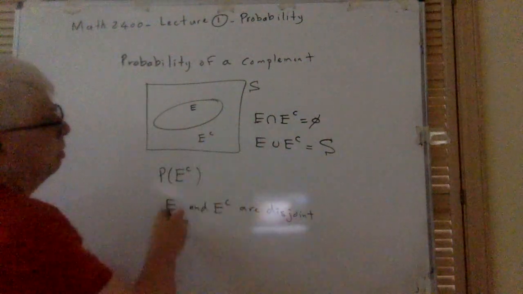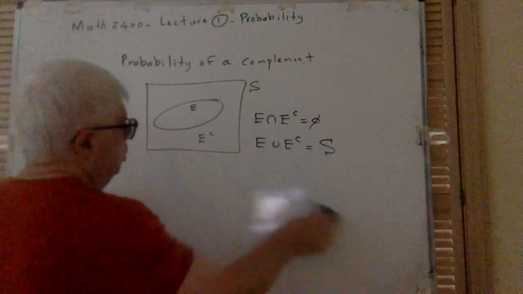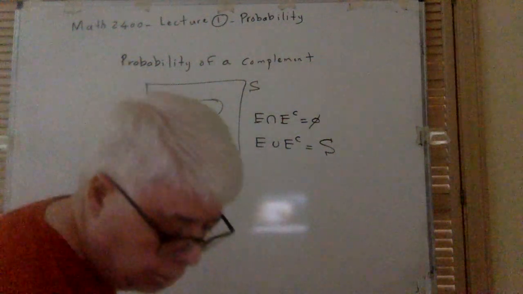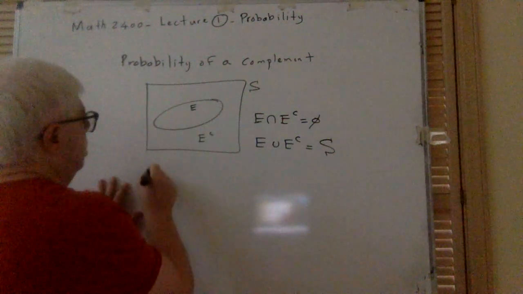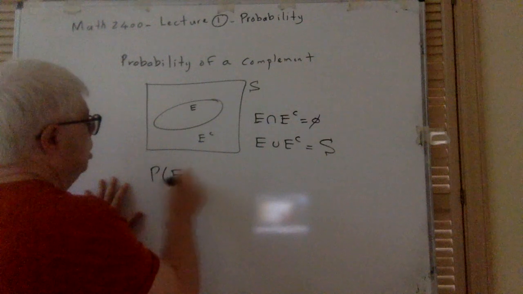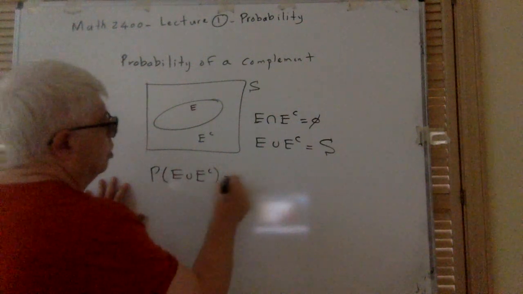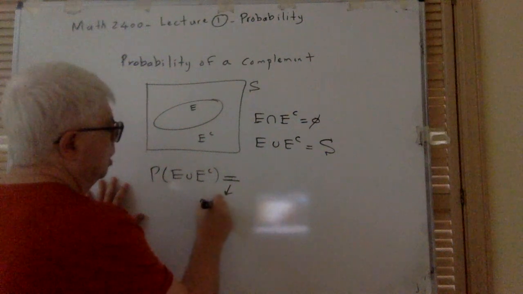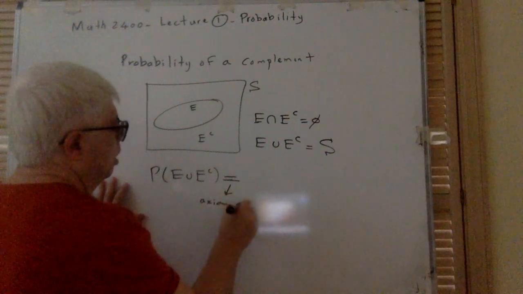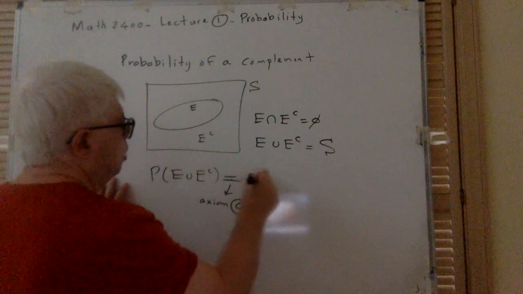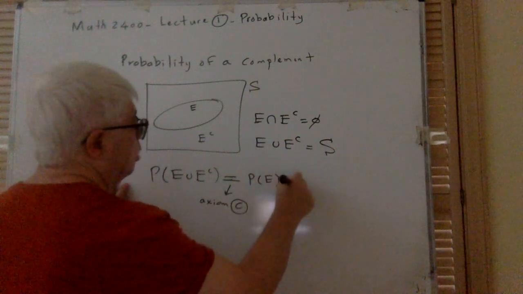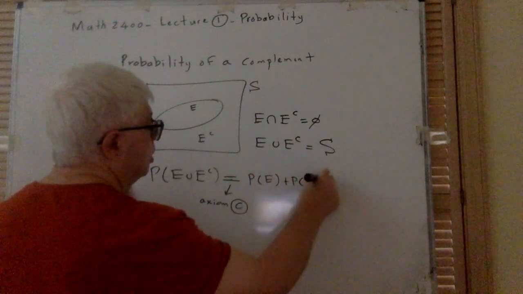So let's use this and also use axiom 3. So what is P of E union E complement by axiom 3? See, this is P of E plus P of E complement.